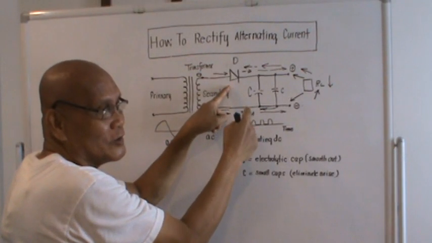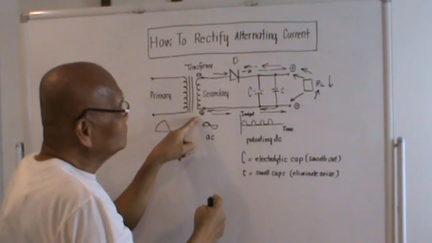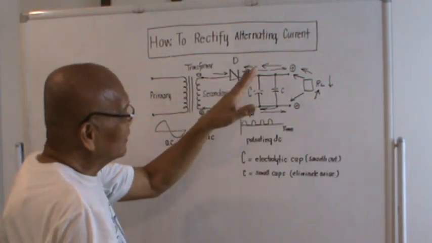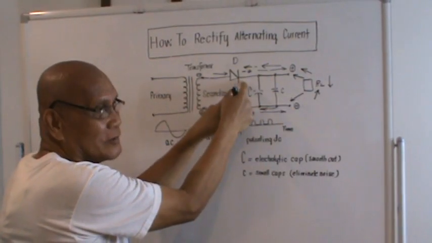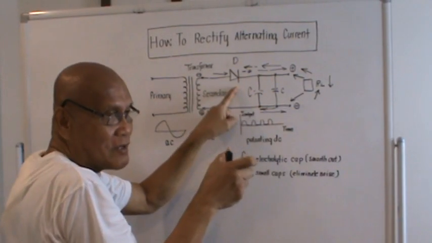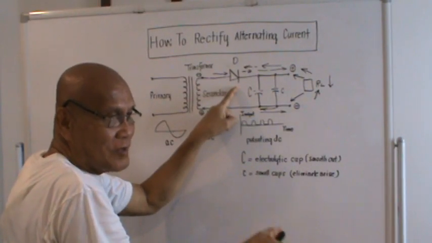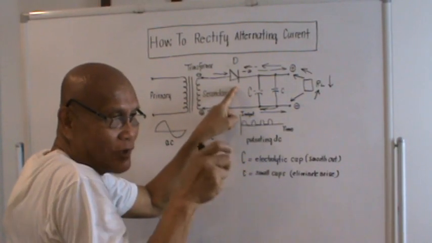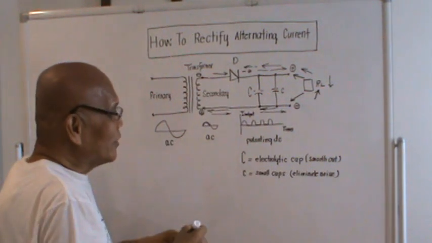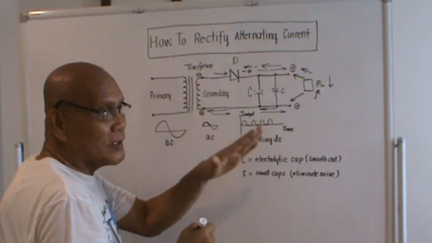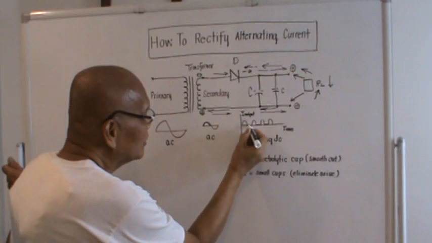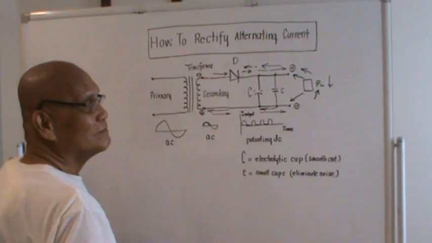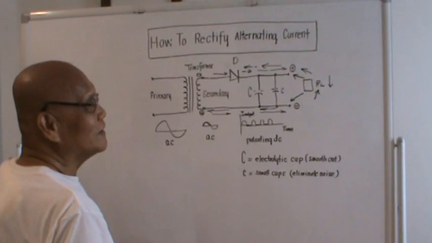So during the negative alternation, the current which is supposed to be going back here could not pass through the diode. And since it could not pass through the diode, it seems this circuit is off during the negative alternation. That's why the current output during the negative alternation is actually this portion here. It is 0. You got it, guys?